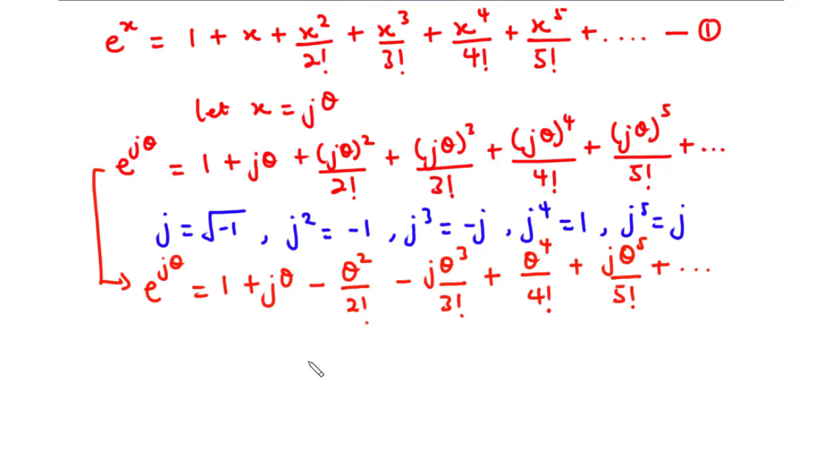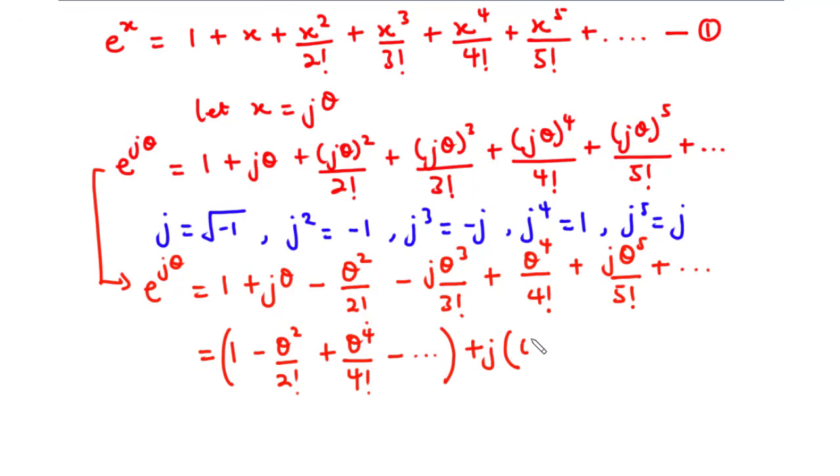Now at this point, we have real values and imaginary values. So we are going to group them into real and imaginary values. So for the real values, we have 1 minus theta squared over 2 factorial plus theta exponent 4 over 4 factorial, and so on and so forth. So these are the real values, and the imaginary values are the values we have j attached to them. So we can factor out j. So we have plus j. Now the first imaginary value is j theta.